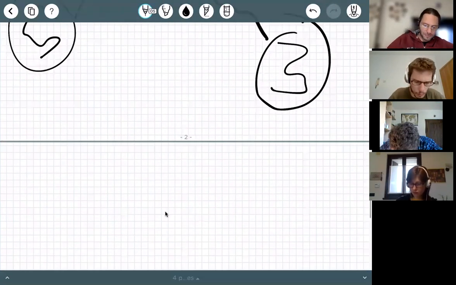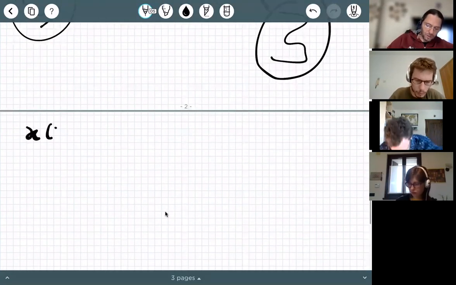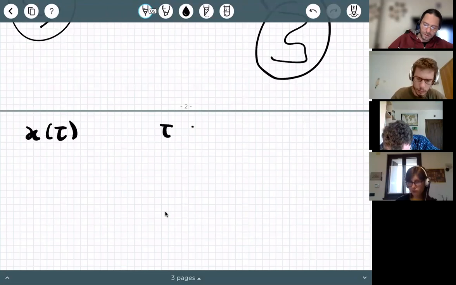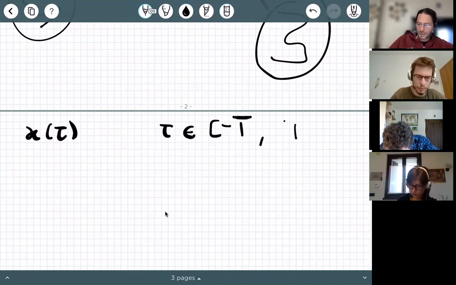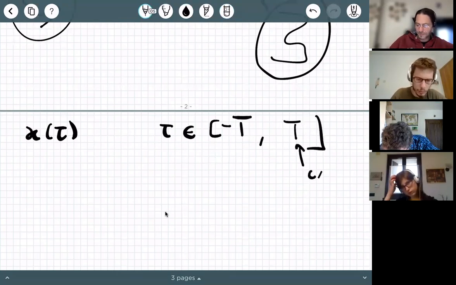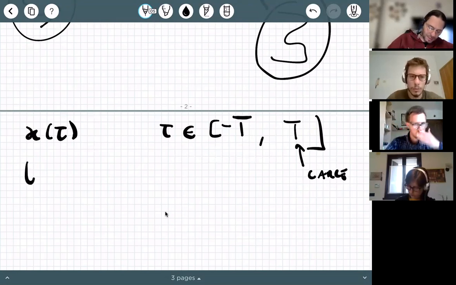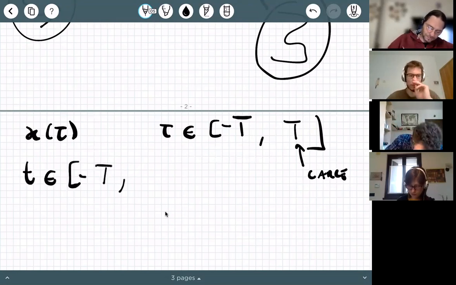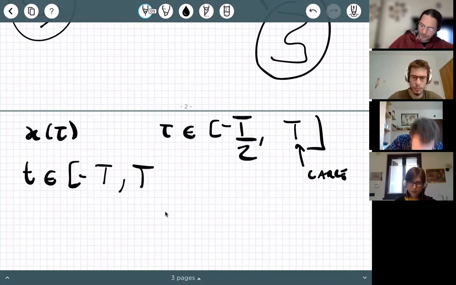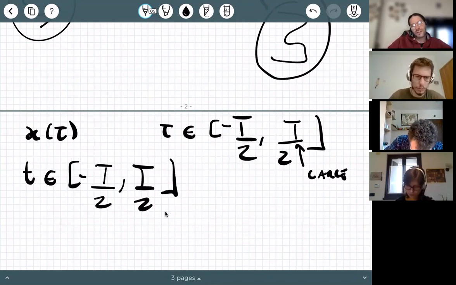So x of tau is my trajectory with tau going from, I don't know, minus T to big T. This is a large time. And I have a time t in this interval. So the total time of my trajectory is T.